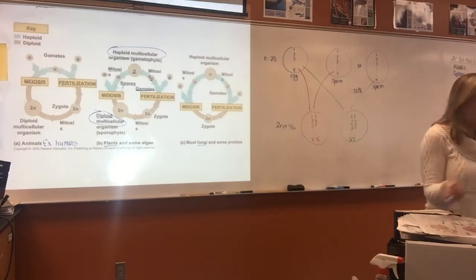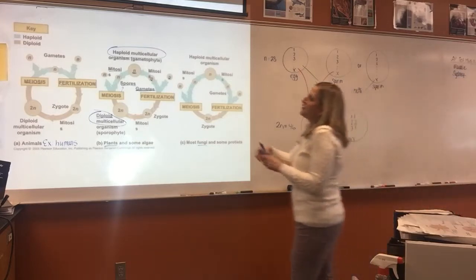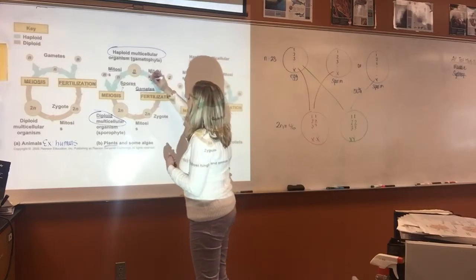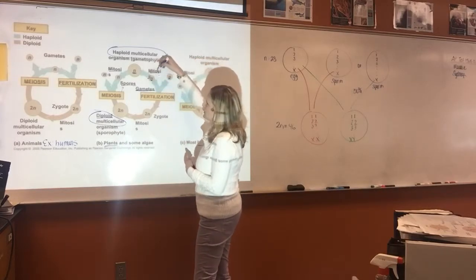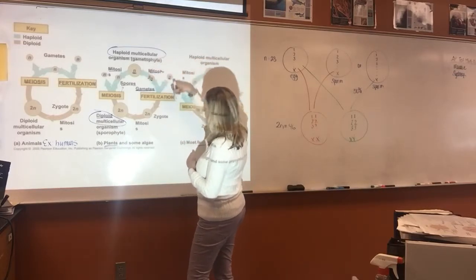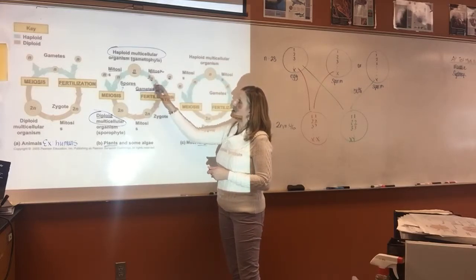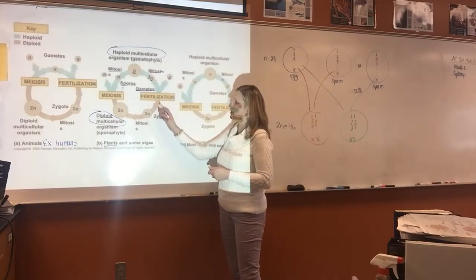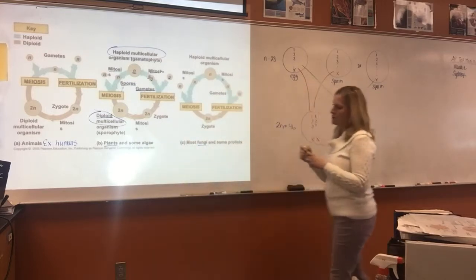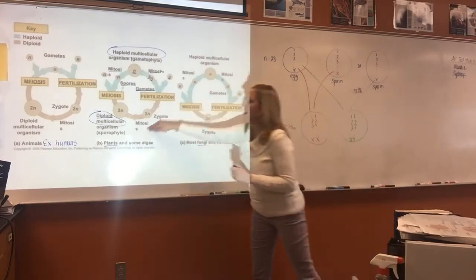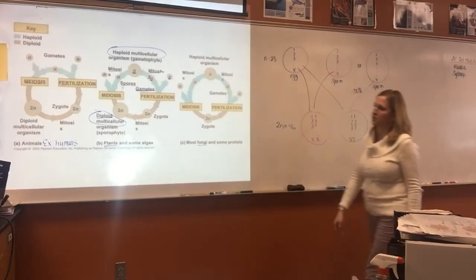No, they're already half the number of chromosomes. And so they make their gametes by mitosis. So mitosis makes the gametes, and you get these haploid gametes, which then fuse in fertilization to form a zygote, and then that zygote can divide and form your multicellular diploid organism.